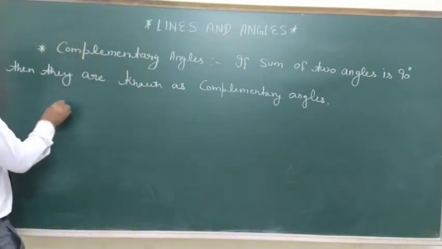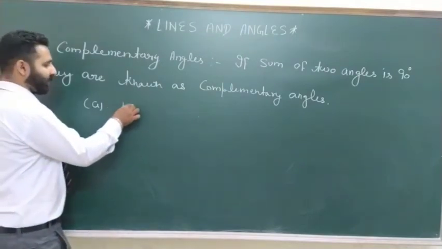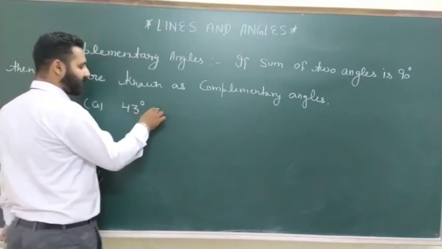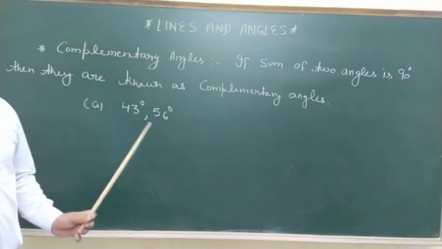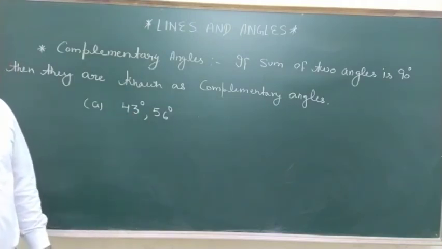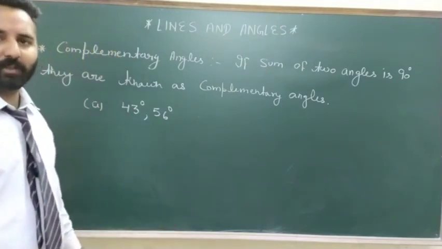The first type of question which can come on complementary angles, for example, 43 degrees and 56 degrees. The question will be, check whether they are complementary to each other or not. We have to check whether they are complementary or not.